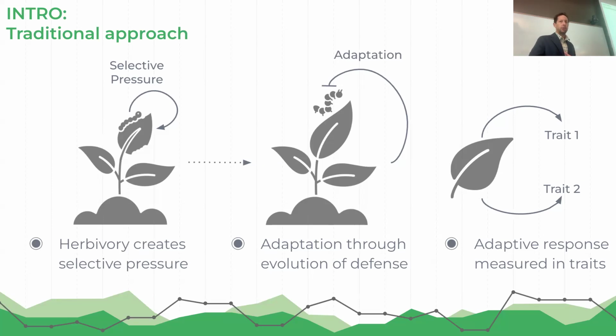So, adaptation through evolution of defense. Then we assume that adaptation can be measured, or manifests itself, in individual plant traits. So we might measure aspects of a plant and say, these plant traits might give us insight into how a plant has adapted to deter herbivory, to resist it. That's a traditional approach to looking at plant defense research.